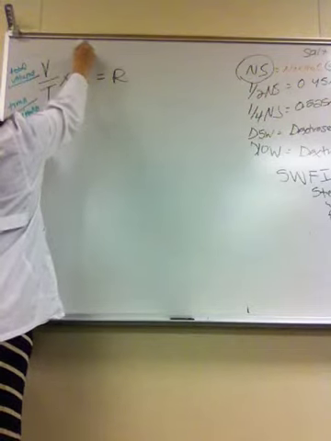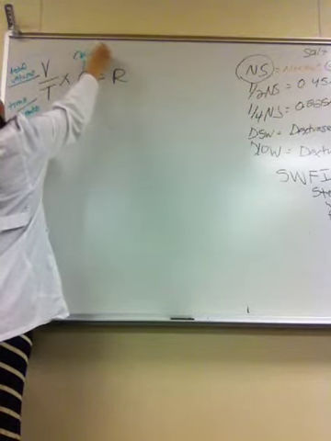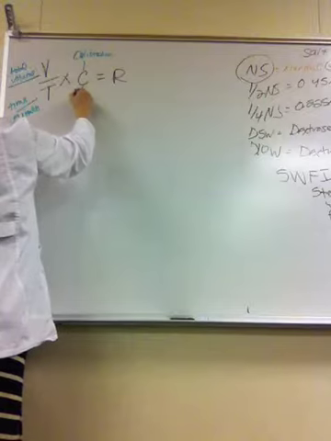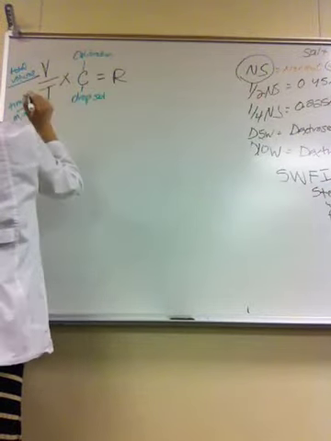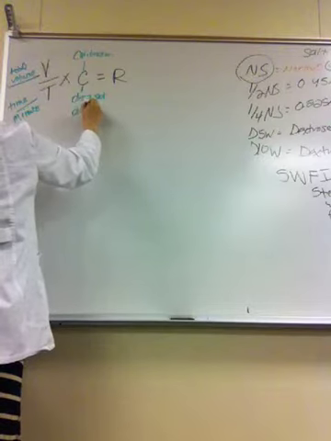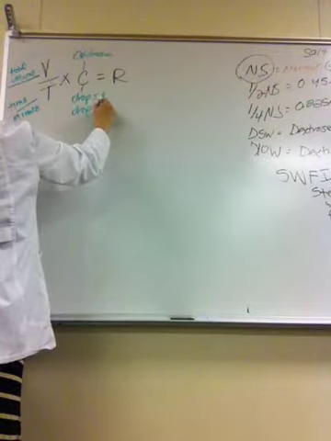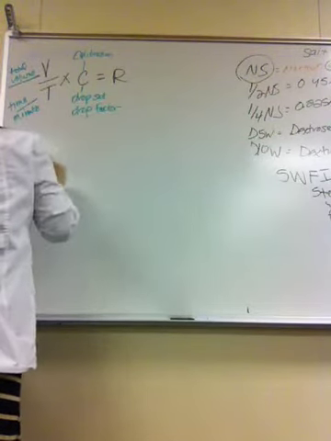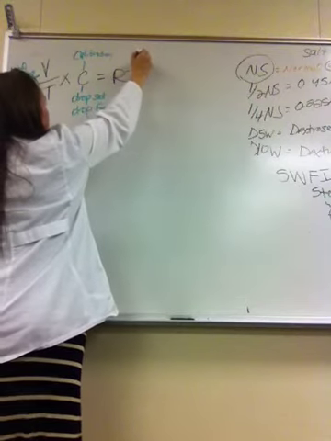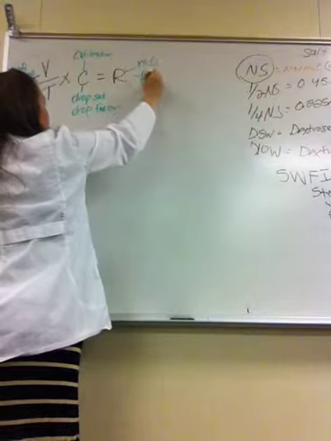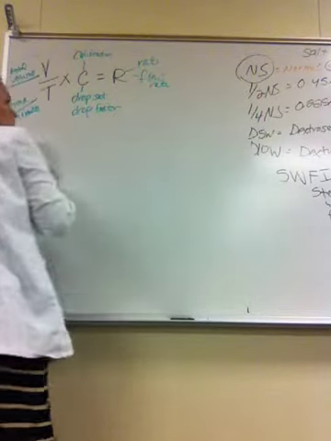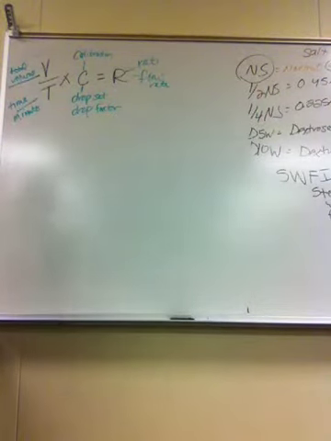C means calibration, and that could be drop set, drop factor. R means rate or flow rate. Okay?